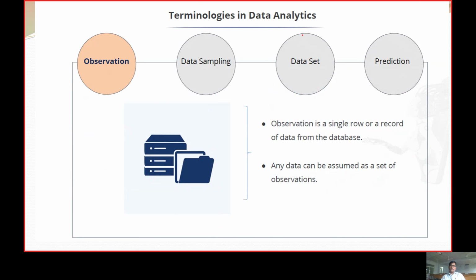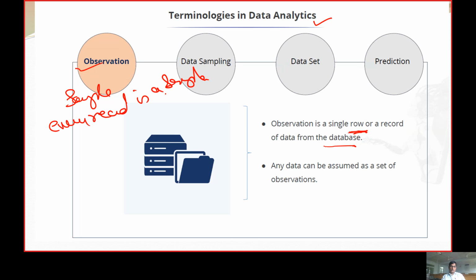Among the terminology we are going to use in data analytics, the very first thing is the observation. An observation is a single row or a record of our database. So we have some samples here. Every record is a sample.